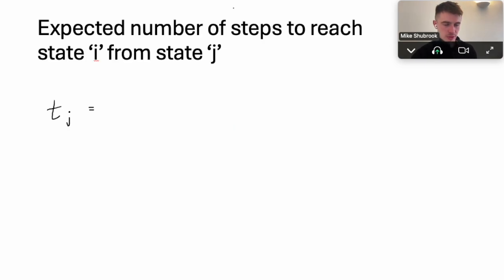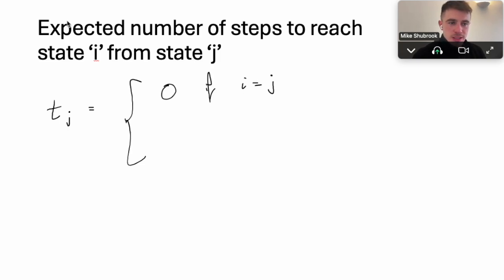So let's say we're given some Markov chain and we want to find out what's the expected number of time steps we expect it to take to reach some state i, given that we start in some state j. So the answer to that is going to depend on what state we start in. If we start in state i, then obviously it's not going to take us any time to reach state i, so the answer is just 0.